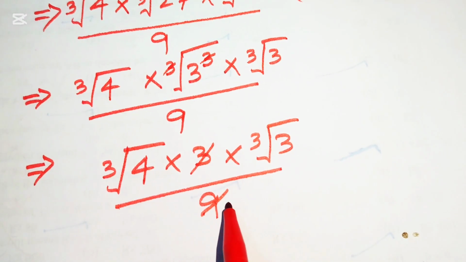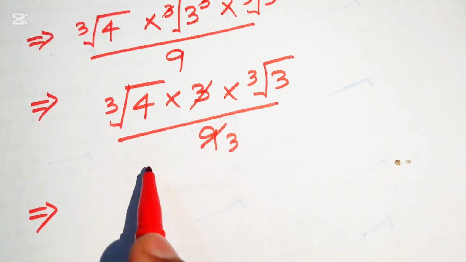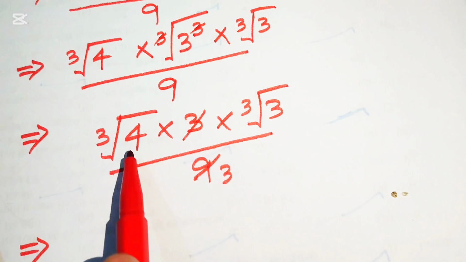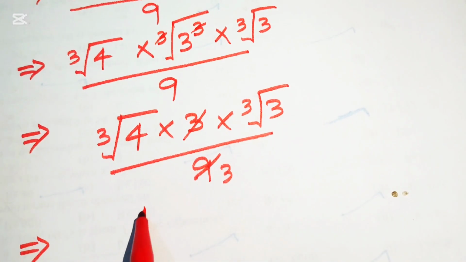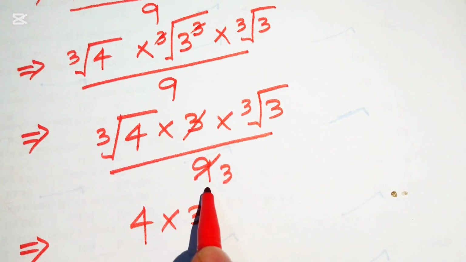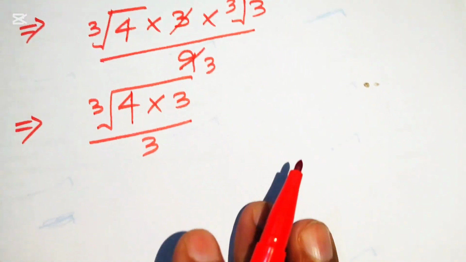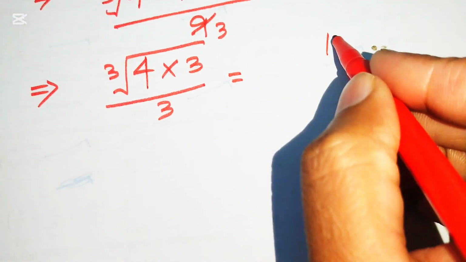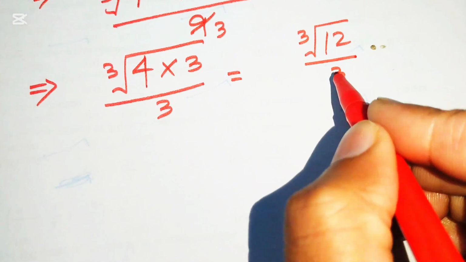These 3 times 3 is 9, and we apply another property of the cube root and combine the cube root on both of these terms, and it will be written as the cube root of 4 multiplied by 3, divided by 3. So 4 times 3 becomes 12, and we get the cube root of 12 divided by 3.